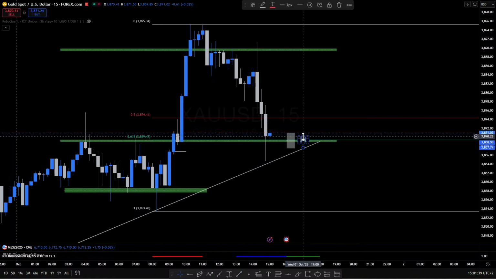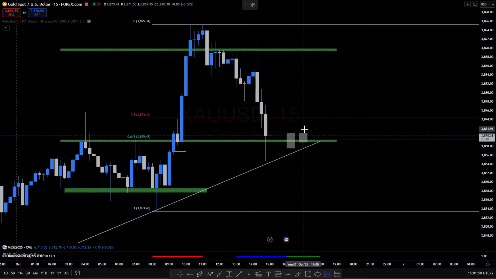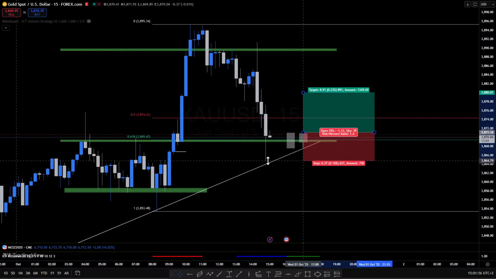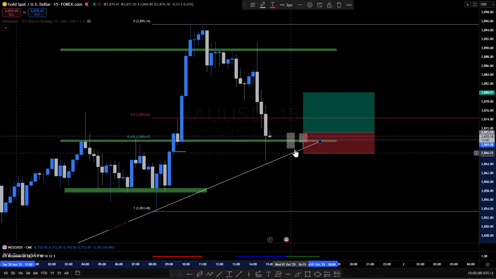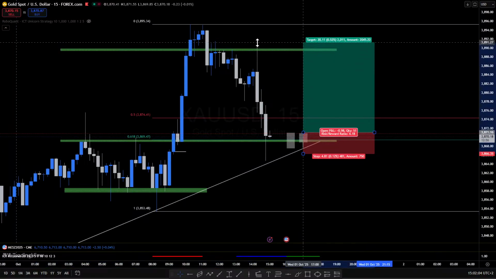And then shoots up here. It could be our entry, and if we enter right here, you put the stop loss around whatever candle that will be here, and then go for this wick.